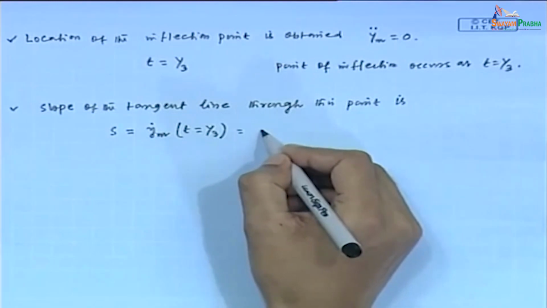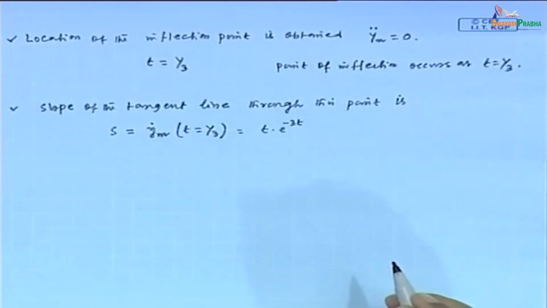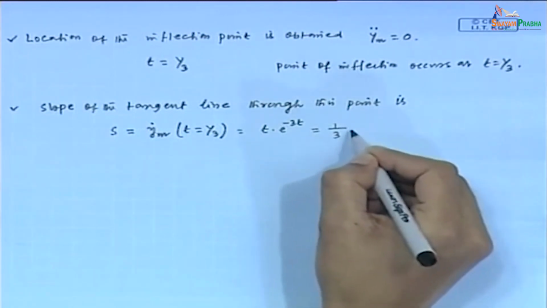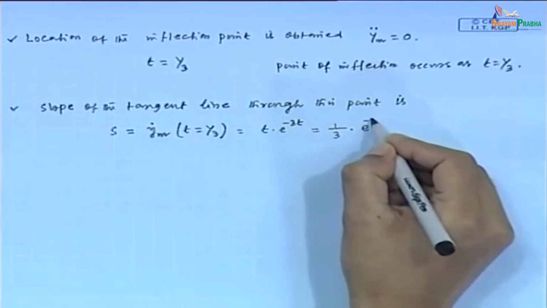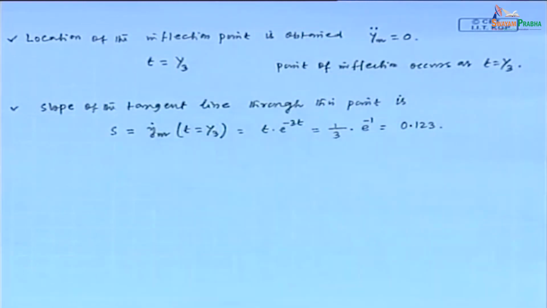The expression is t exponential of minus 3t. If we substitute t equals 1/3, then we obtain 0.123. The slope we obtain is 0.123.